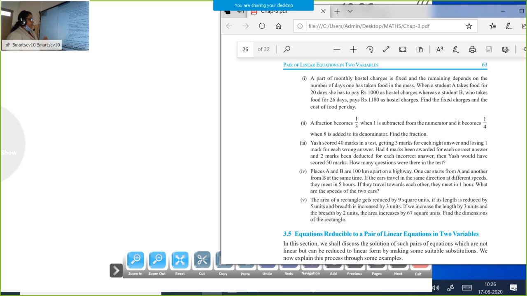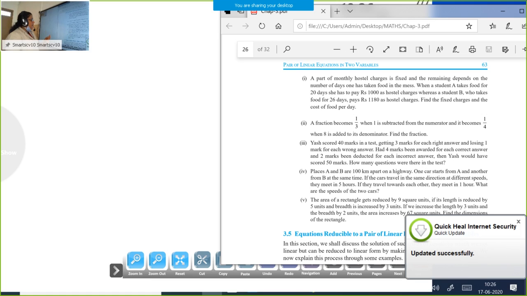Had 4 marks been awarded for each correct answer and 2 marks been deducted for each incorrect answer, that is the second condition, then Yash would have scored 50 marks.